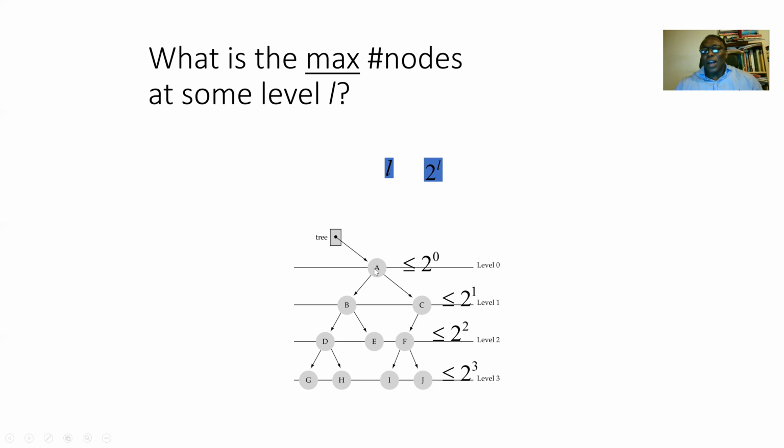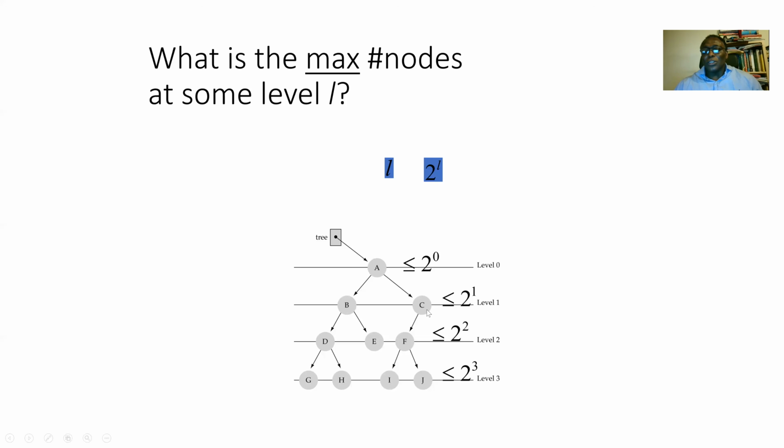So I know that if I have a tree with only the root, the number of nodes will be 1, because 2 to the power 0 is 1. If I have a second level, which is level 1, with level 0 and level 1, the maximum I can get will be 3, because 2 to the power 1 is 2, 2 to the power 0 is 1, and 1 plus 2 is 3.